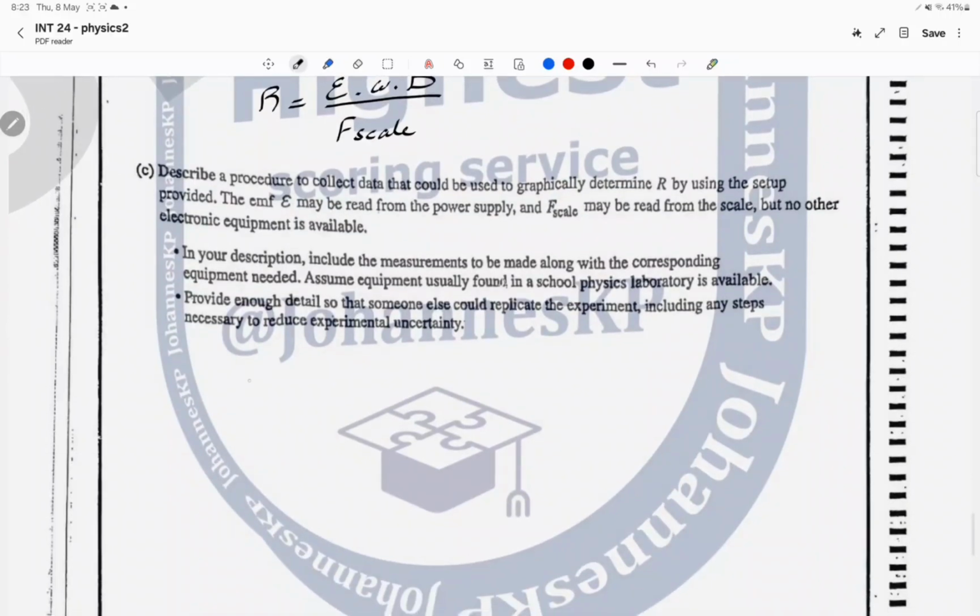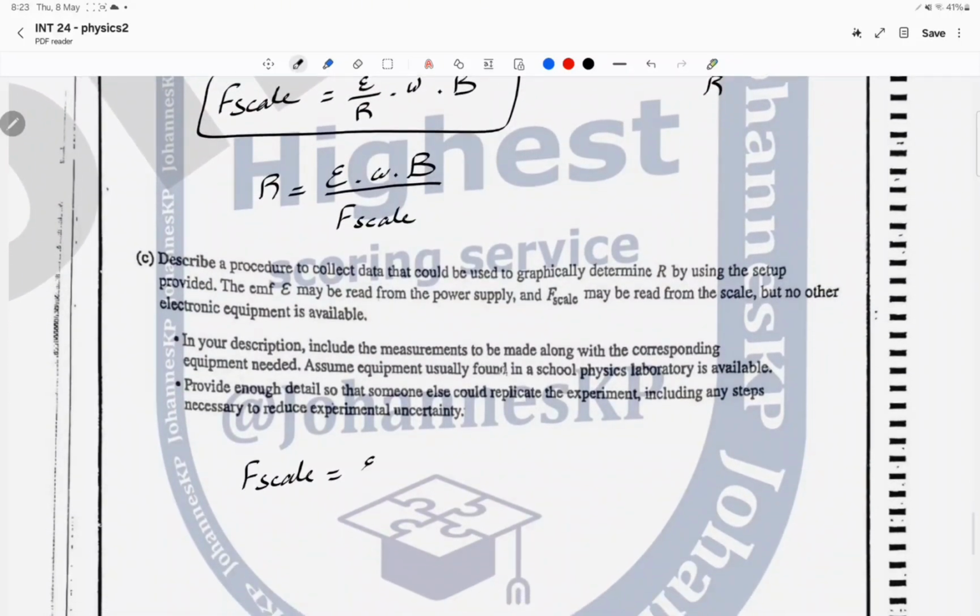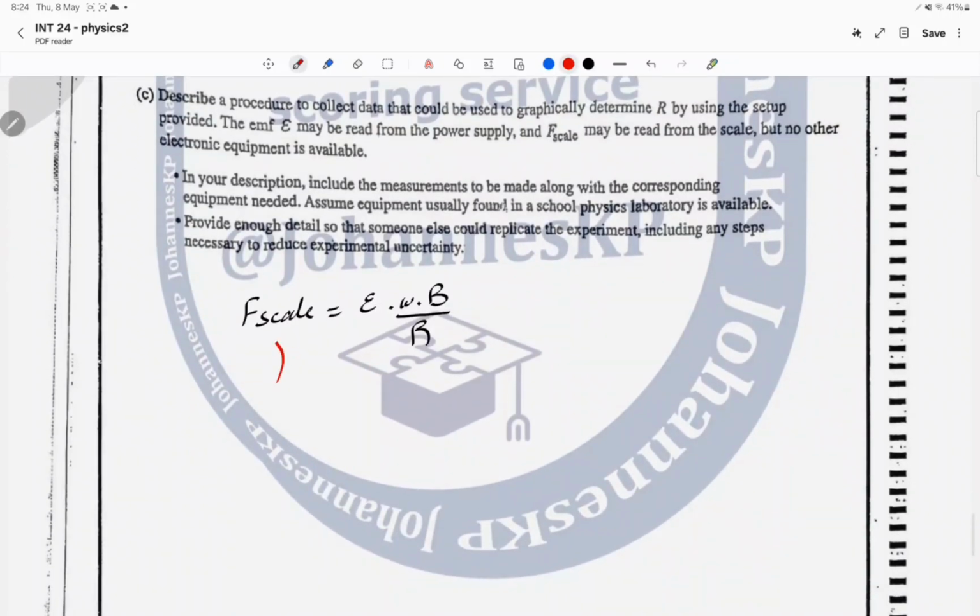F scale, because you can read the F scale, goes on the y-axis, and is equal to EMF times W times B over R. So the F scale is the y, EMF is the x, and WB over R is the slope.